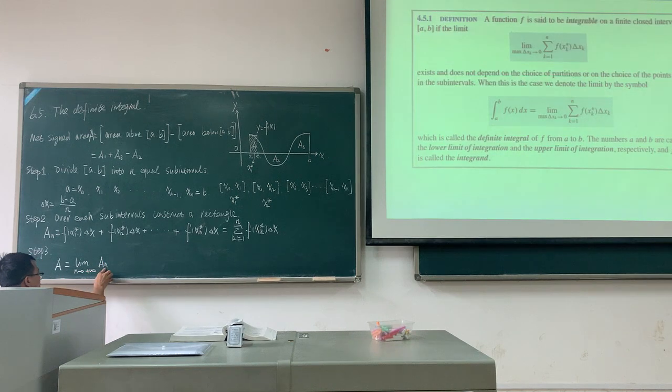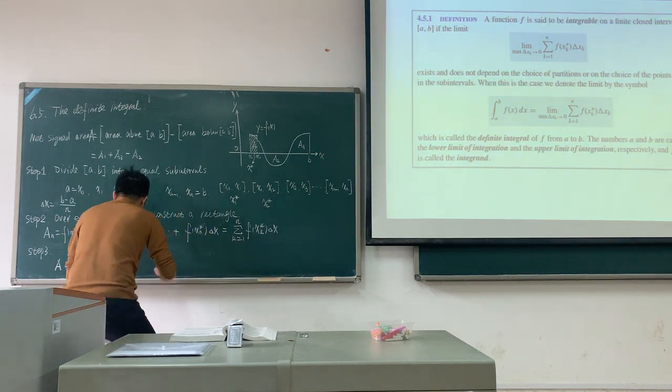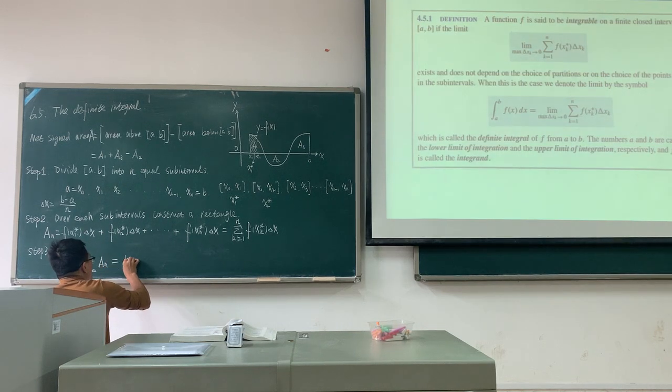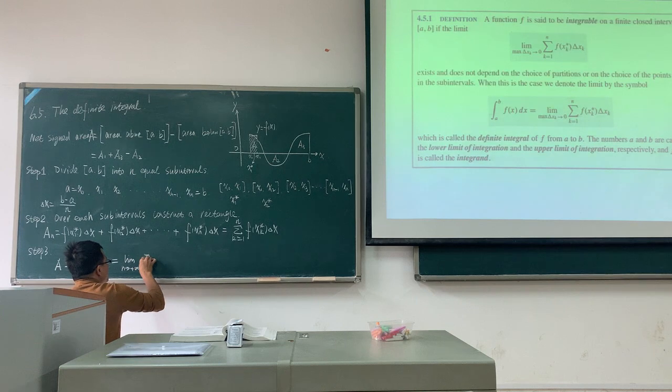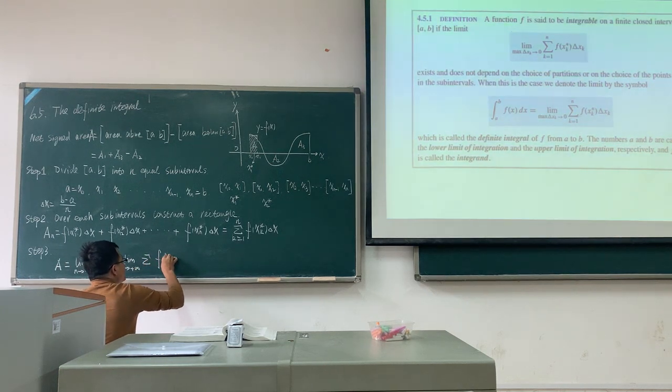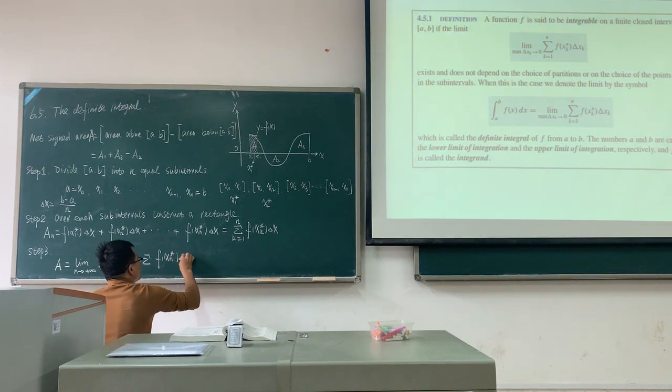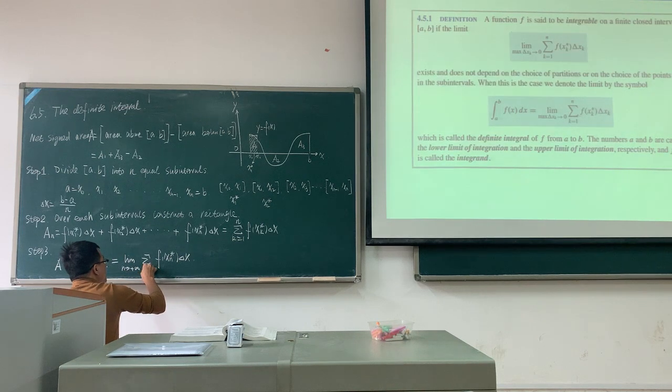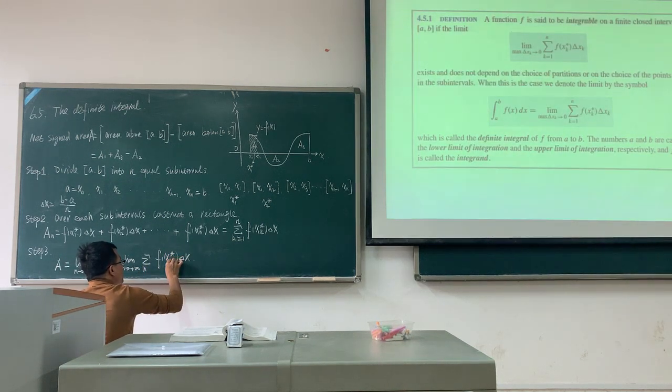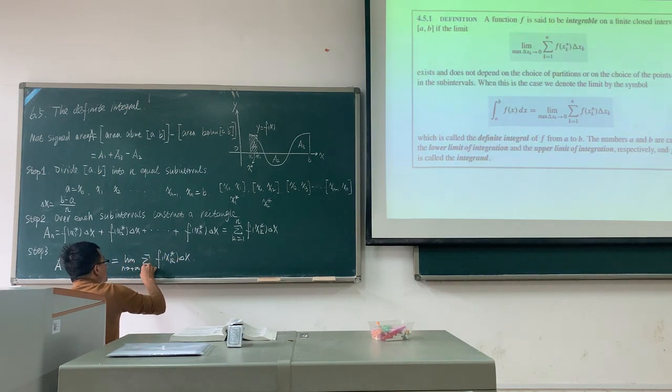The limit of a_n. So a_n is this formula. So here it equals the limit as n approaches plus infinity of the sigma of f(x_k star) times delta x, where k is from 1 to n.